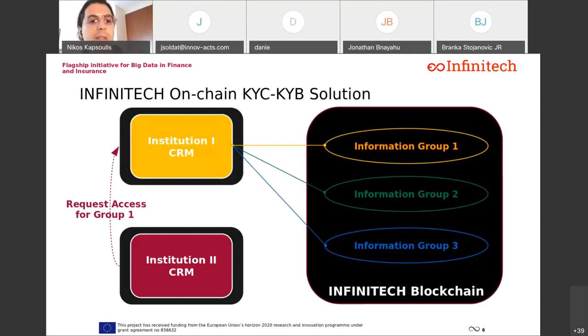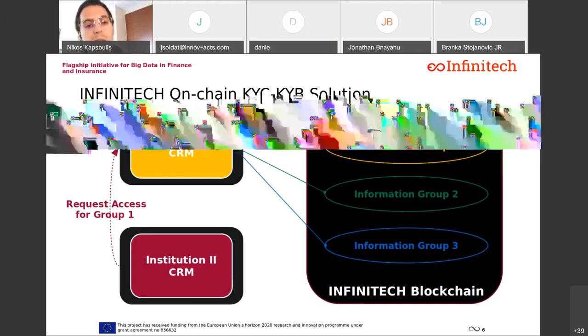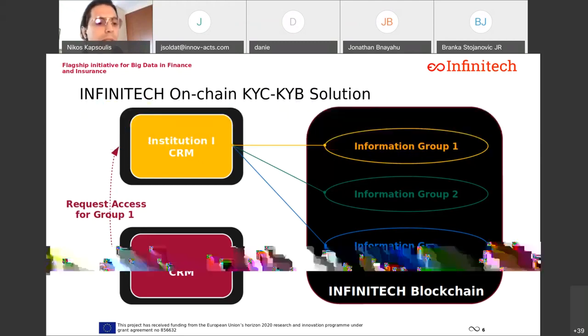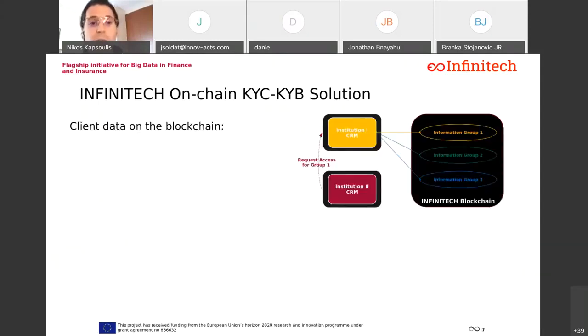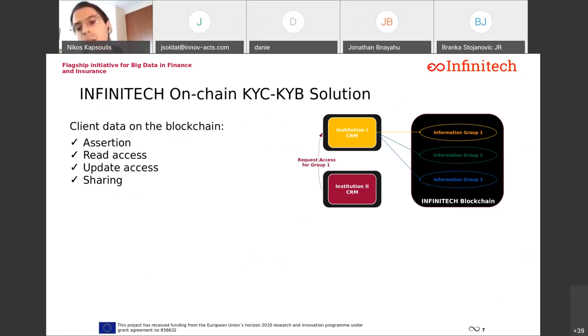And this is the whole concept, and I will explain right now why we want this, what advantage it will give us. So, of course, in our solution, we have implemented data assertion, read access of data, update access of data, and sharing of the data, all on the INFINITECH blockchain network.